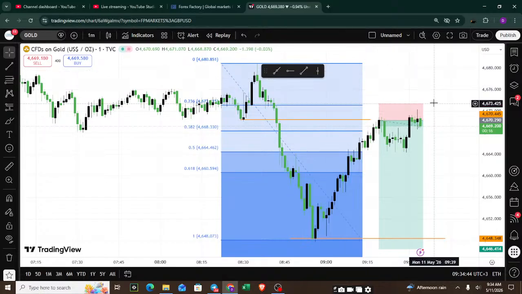Can you guys see that this stop loss is almost being hit?